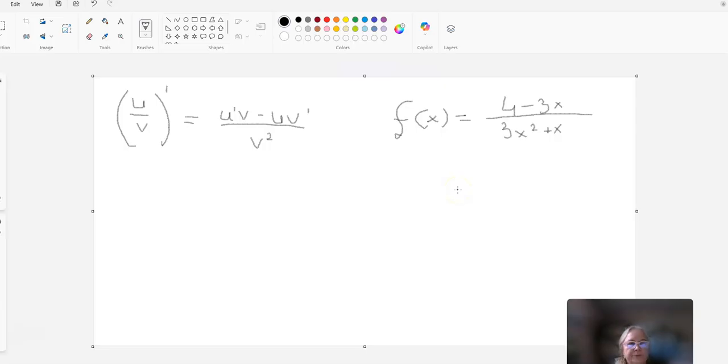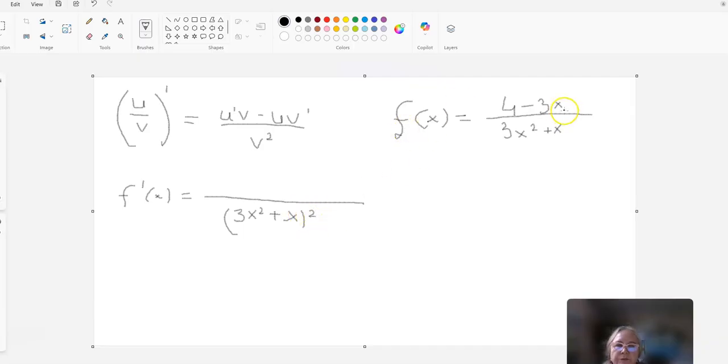Now we need to find the derivative. f prime of x will be, so we square the denominator, 3x squared plus x, squared.